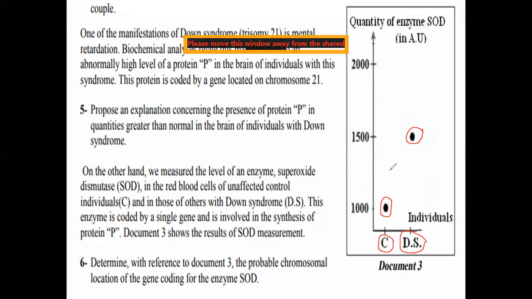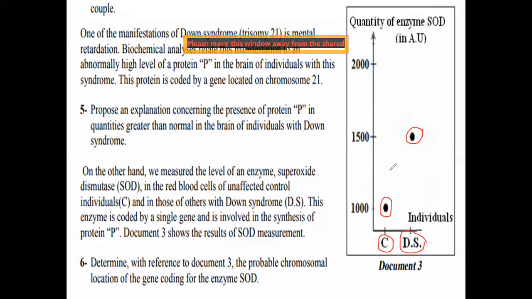So in the case of the normal, unaffected individual, the control one, we have only 1000 AU of the quantity of the enzyme SOD. However, in the Down syndrome individual, it increases to about 1500. So this will lead to higher production of protein P, and thus a higher amount of protein P in the individual affected with Down syndrome.